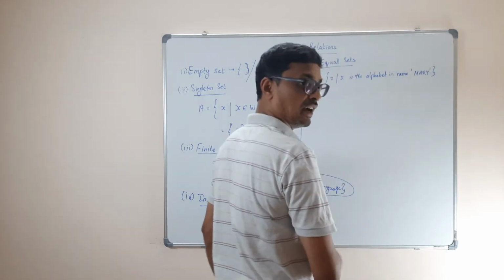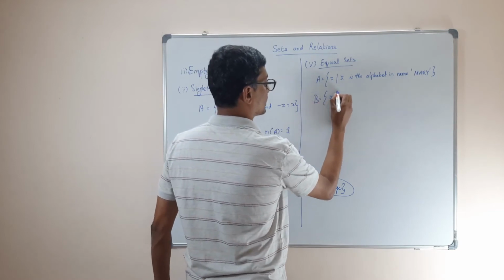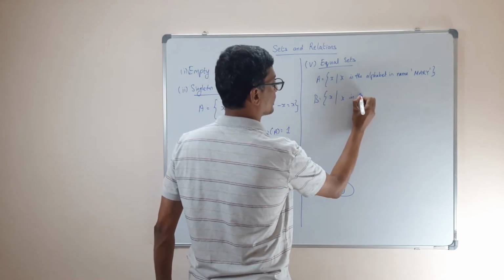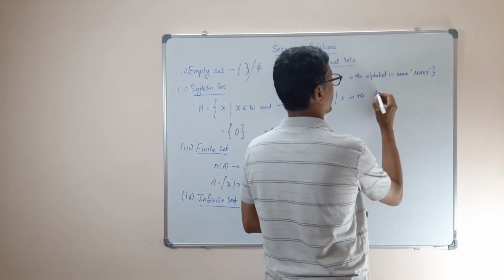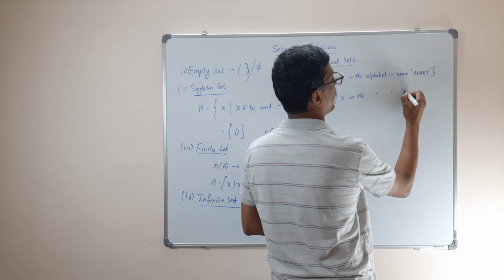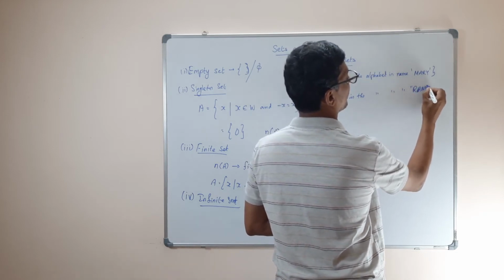I'm giving another set, B: x such that x is the alphabet in the name Ramya.